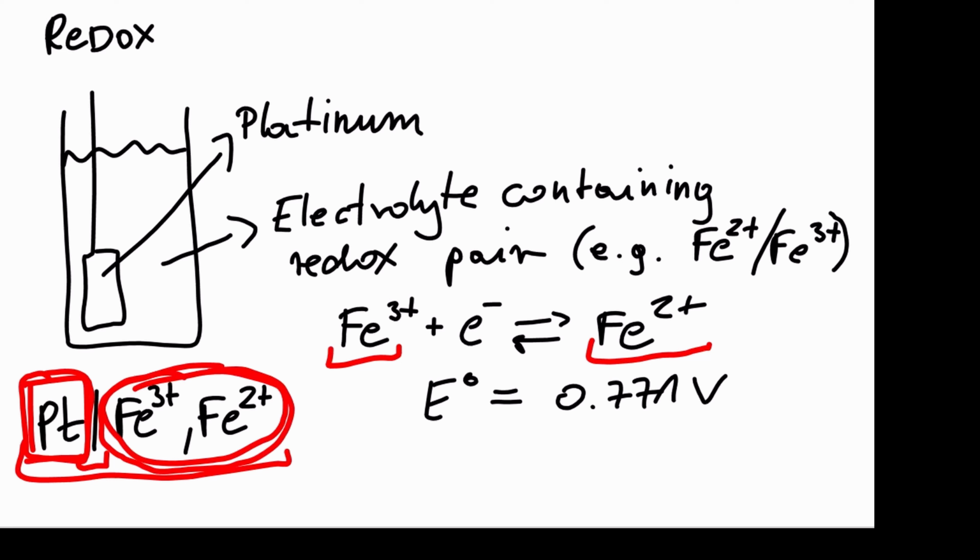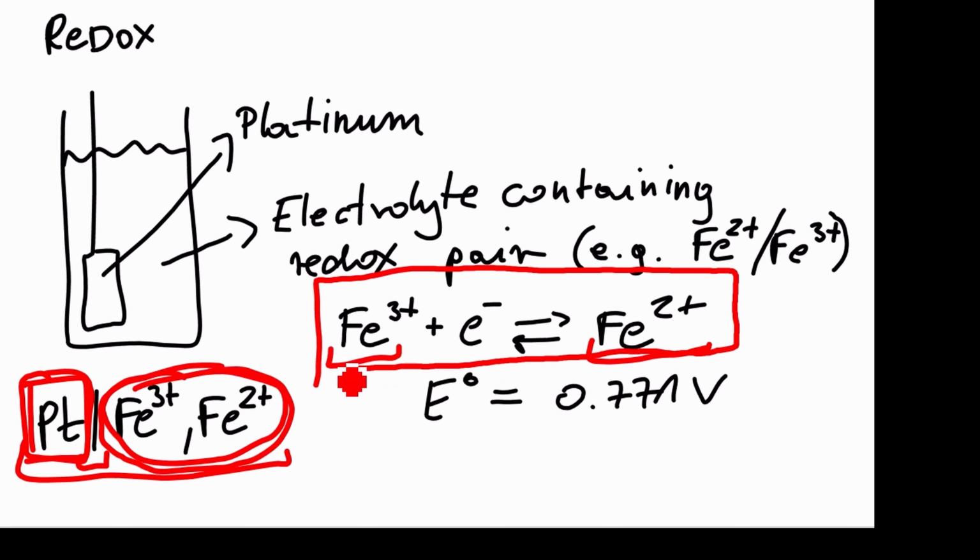So the half cell reaction proceeds between this pair. Iron ions with a charge equal to +3 are reduced to iron ions with a charge equal to +2 if this half cell works as a cathode.